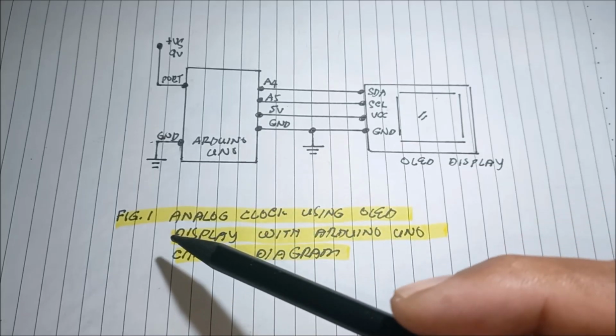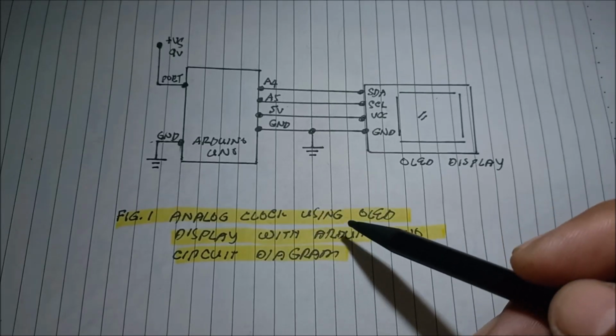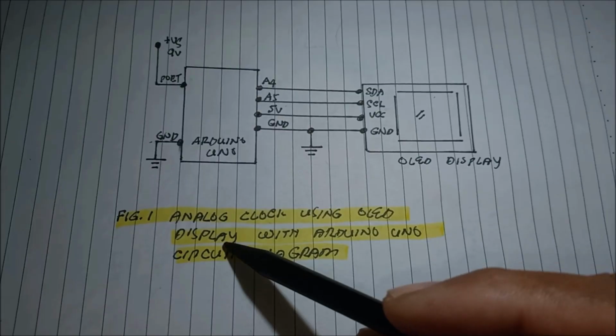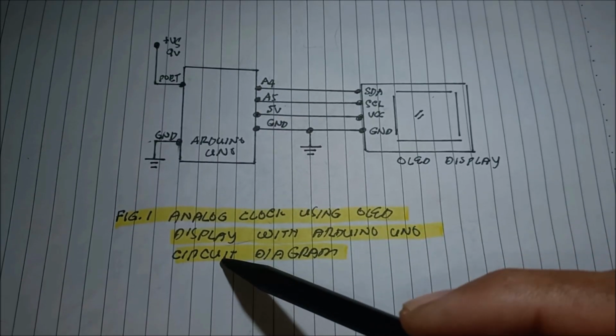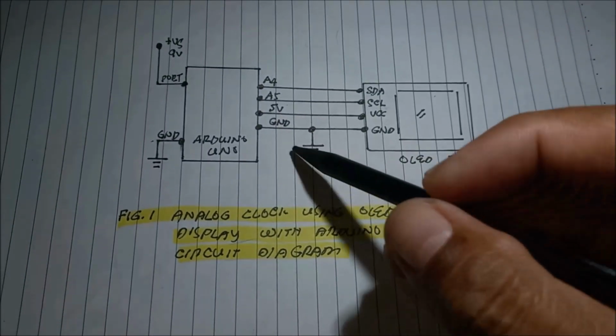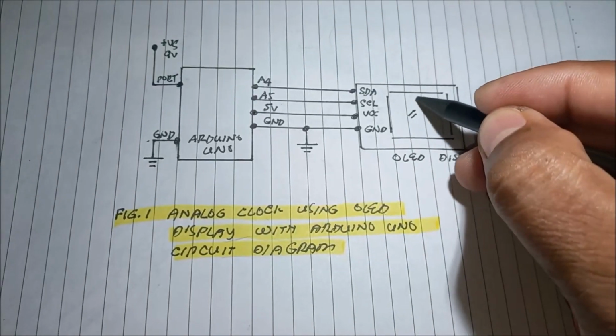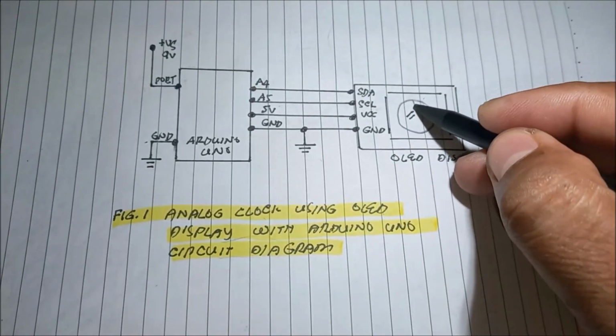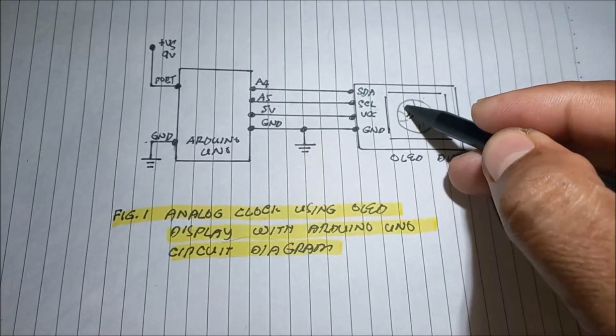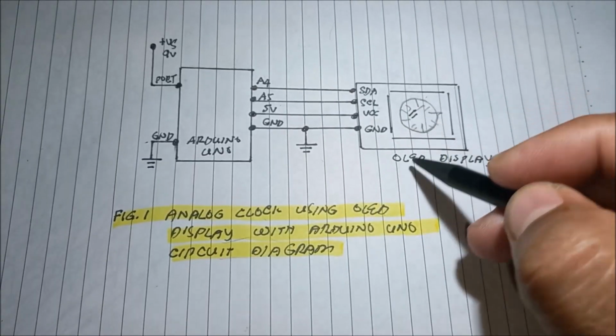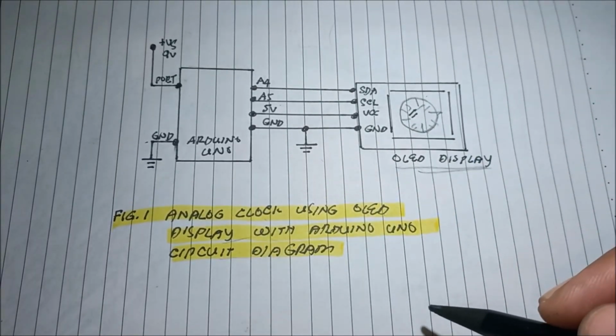We now have the figure 1, analog clock using OLED display with Arduino Uno circuit diagram. So these are the wirings. Here is the analog clock inside the OLED display.